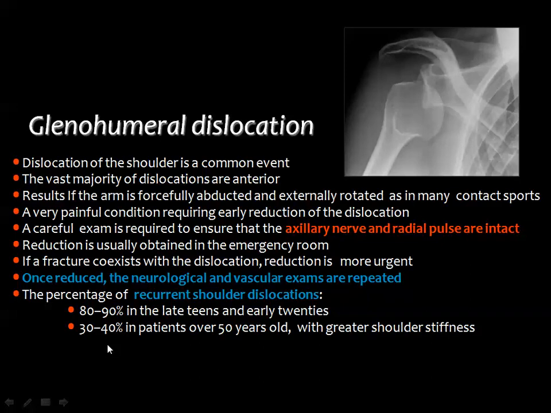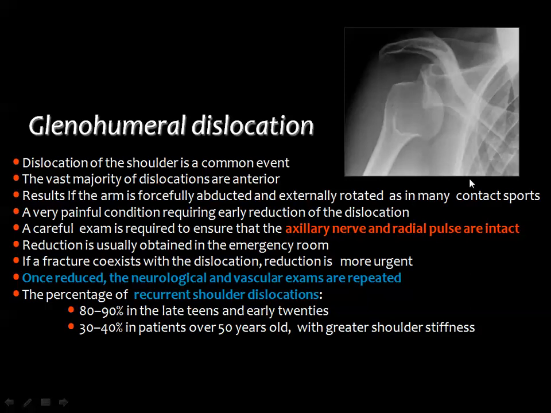Then we came to the glenohumeral dislocations, and we have mentioned some words about this in the lecture of shoulder joint. You know that the shoulder joint is considered the commonest joint to dislocate in the body, followed by the elbow joint.